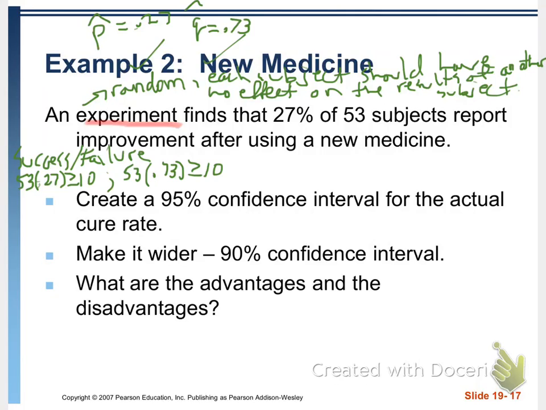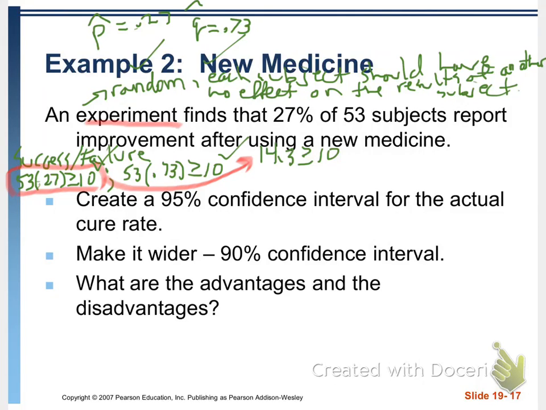And really, you only have to check the first one, because if it works here, it's going to work for the other as well. So when I do that on the calculator, I get 14.3. So 14.3 is greater than or equal to 10. So that works.